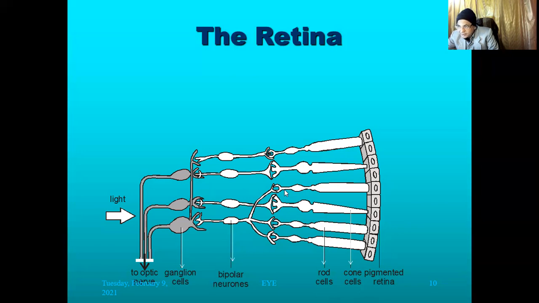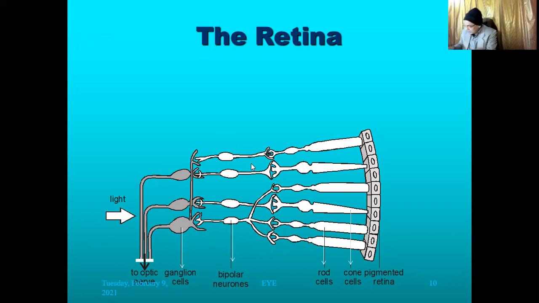Whatever the structure is, first it takes the information from the pigmented retina and transfers it to the bipolar cells. These are the connecting points, where the frequency or wavelength is taken from the pigment and transferred to the bipolar cells. This is the process in which electromagnetic energy is converted into electrochemical energy.